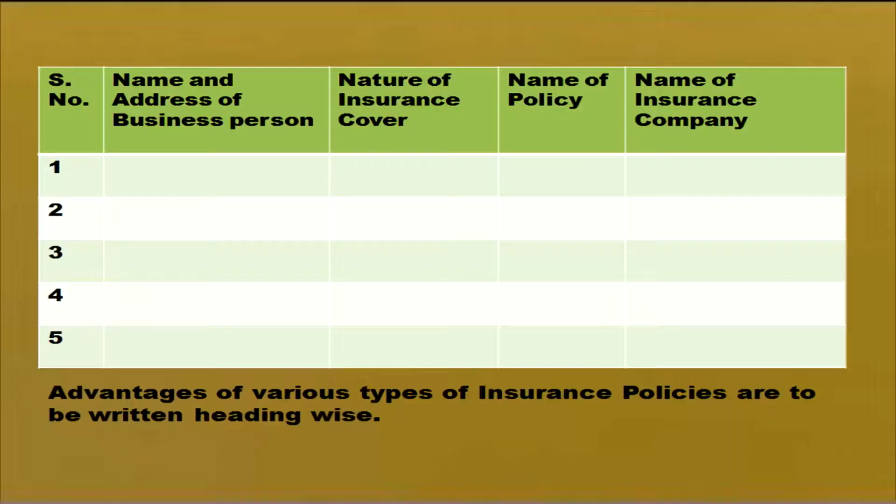It can be life insurance, marine insurance or fire insurance. The nature of insurance cover can be for the life of one person, or for 2 persons like husband and wife jointly, or for the children.